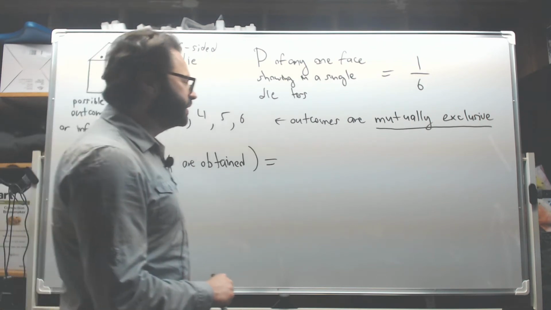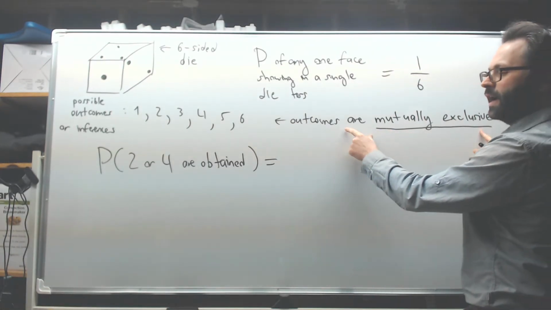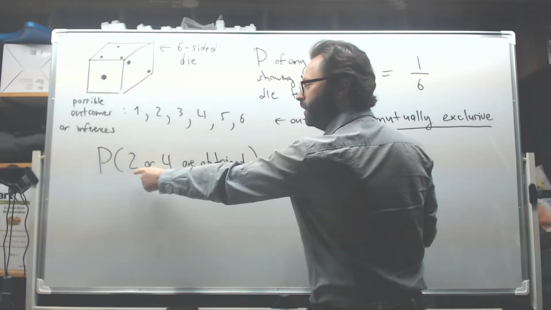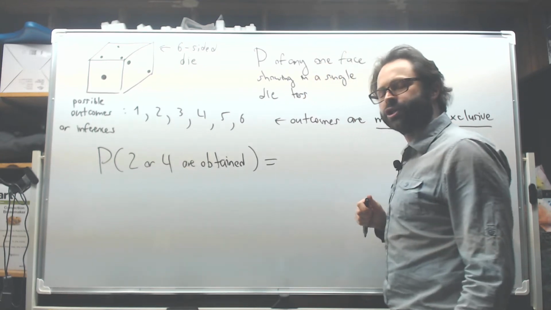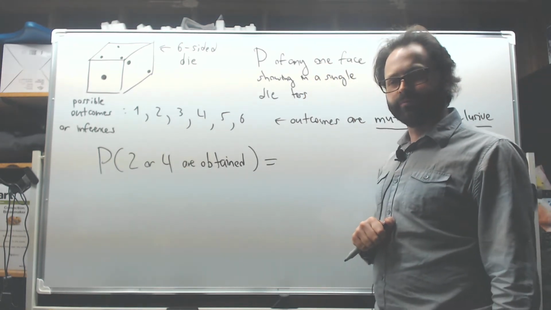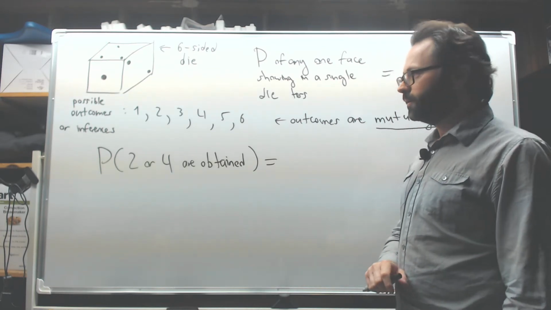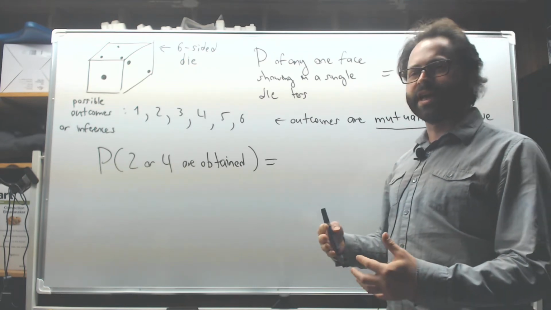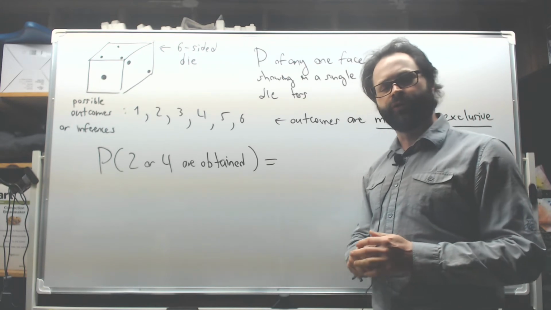And the rule is this: if the outcomes are mutually exclusive, the probability of obtaining a 2 or a 4, and this or operator is a logical operator. In the logic of probability, this is known as a disjunction. If a 2 or a 4 are obtained, we're going to be satisfied with either one of the outcomes. That's our inference, that a 2 or a 4 is obtained.